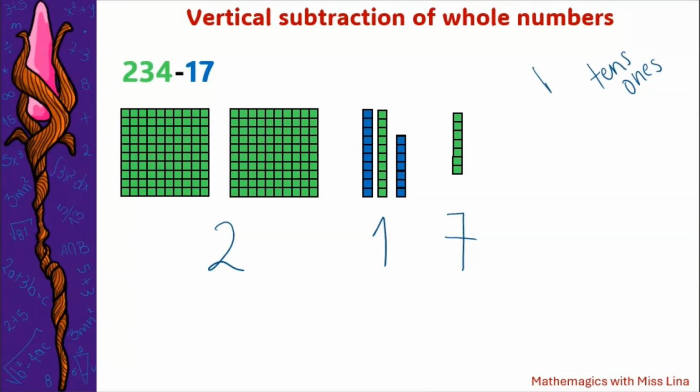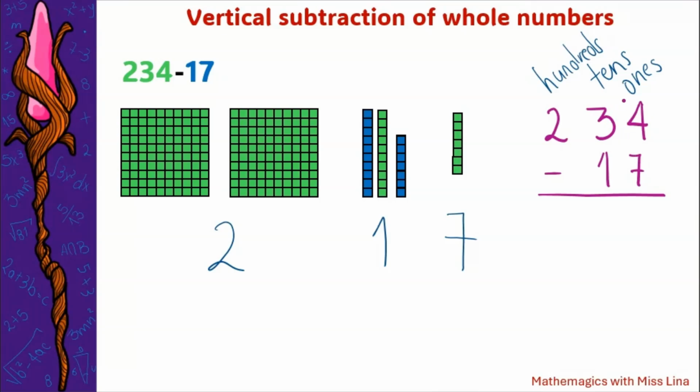in the vertical subtraction. In this case, we write again, always the biggest number at the top, 234 minus 17. So the trick is here, guys. We cannot take away 7 from 4. 4 is smaller. So what we do is say to the next one, to the tens, like, hey, lend me one, please.